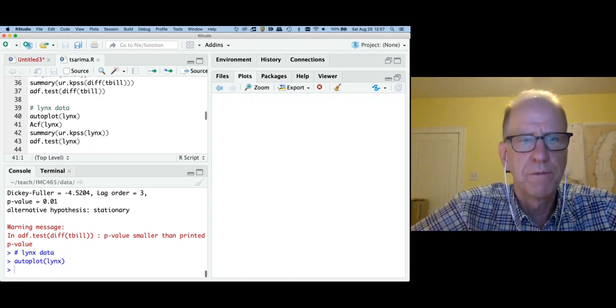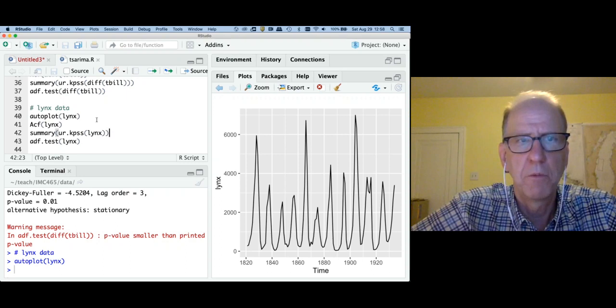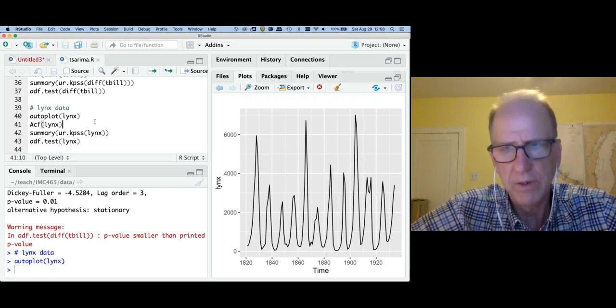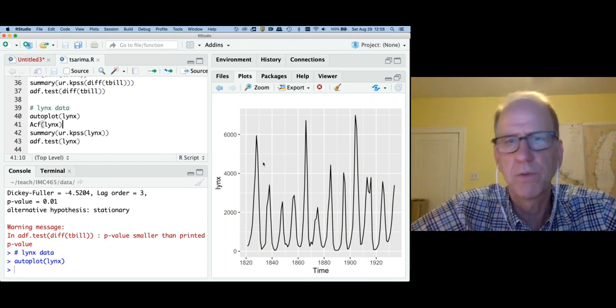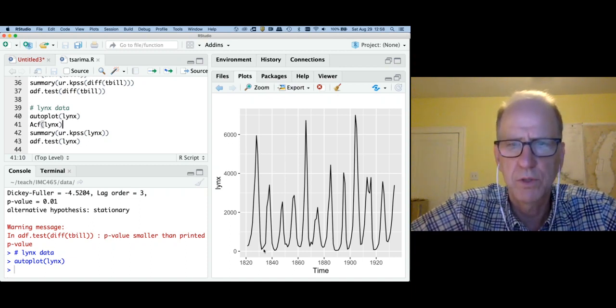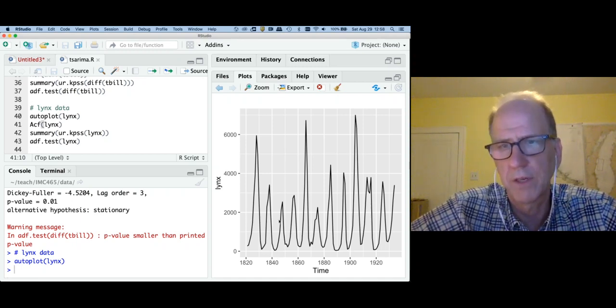I want to show you a very interesting data set that is from the textbook. We haven't done much with it. This is the lynx, a type of cat, trapping data, and this is a very unusual data set. What happens is when the cats exhaust their food supply, they don't reproduce anymore. The population falls dramatically, then they start to reproduce again, and then at some point it falls off again.